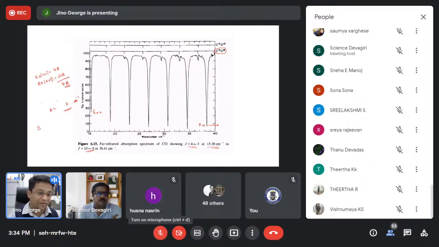So that means 8B is equivalent to 15.38 centimeter inverse. Otherwise it won't match, right? That's why I said I made a mistake. So when you calculate B, it will be 15.38 divided by 8. That comes out to be 1.92 centimeter inverse.